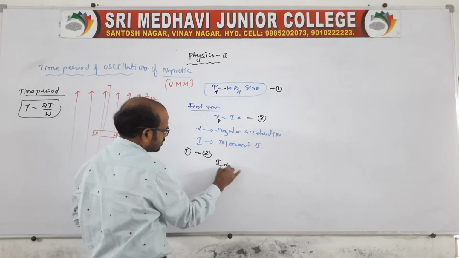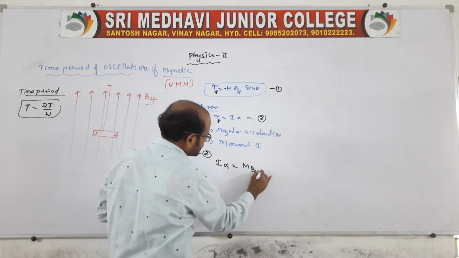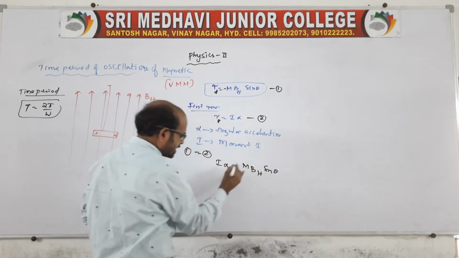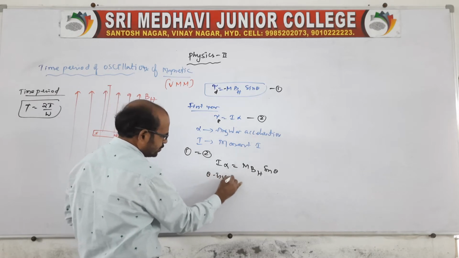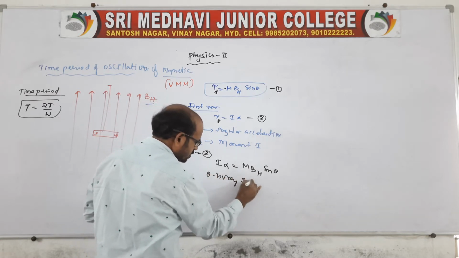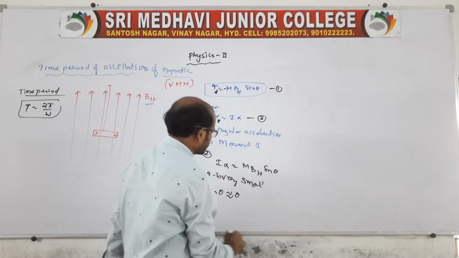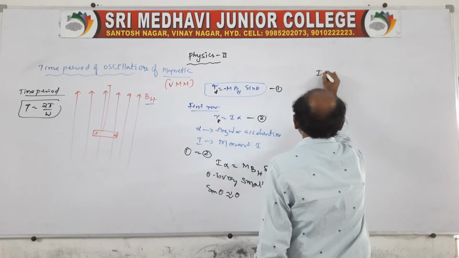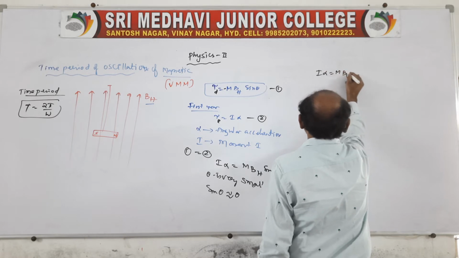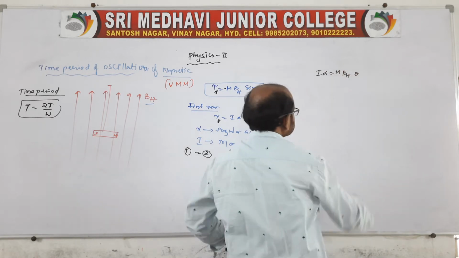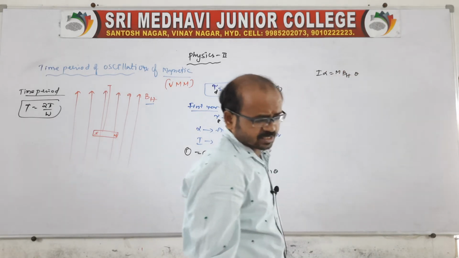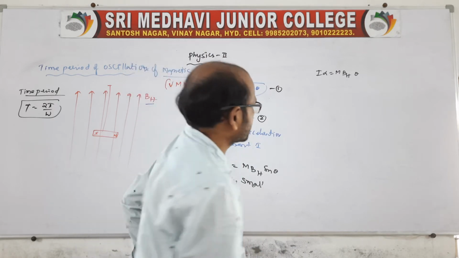That is, I alpha is equal to MBH sin theta. Of course, theta is very small, therefore sin theta is almost equal to theta. Therefore, I alpha is equal to MBH theta. Here theta is the angular displacement and alpha is the angular acceleration.